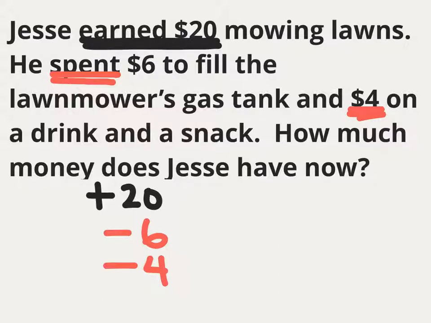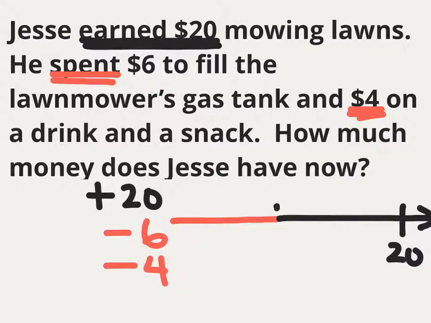Well, if he was at positive 20, we could actually draw this on a number line. And it might look something like this. Here's Jesse at $20. So he spends $6. I need to move 6 steps to the left.